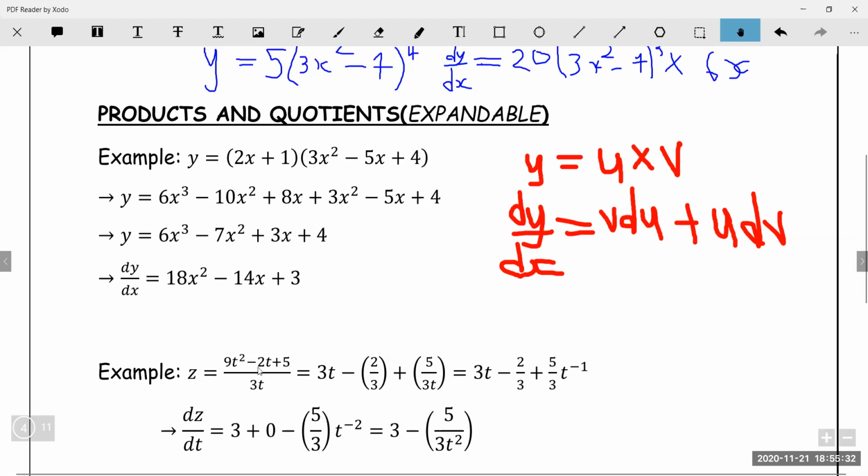In order to differentiate this function, there are two ways we can do it. The first way would be, all of this is divided by 3t, and so we can separate them as individual fractions: 9t squared over 3t, that's 3t, then minus 2t over 3t, that's just minus 2/3, then plus 5 over 3t. You see how I separate this?